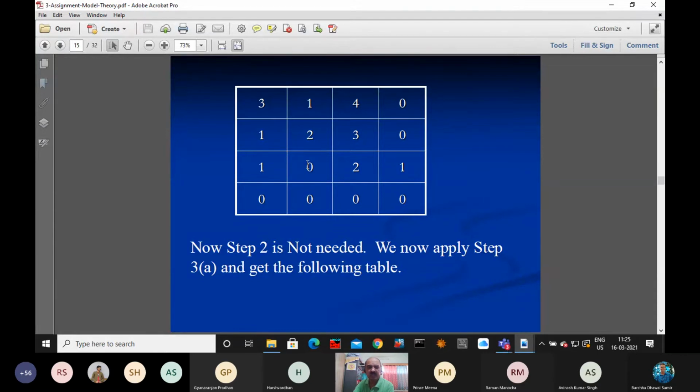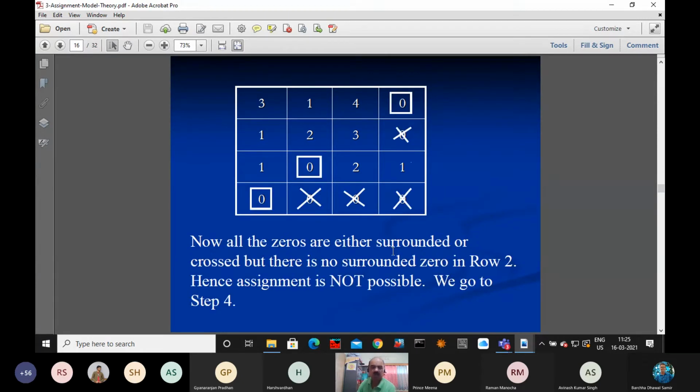The second column is already complete. The third column, certainly we have not completed. And the first row is complete. The fourth column is complete. So this is the assignment. We find we have assigned in the first row, in the second row, in the third row.